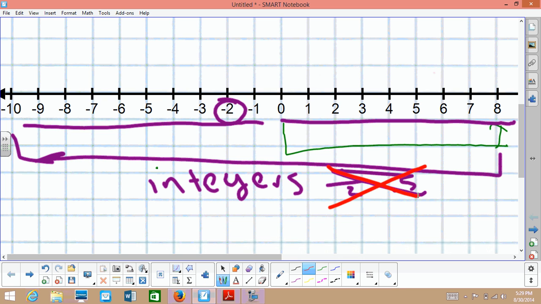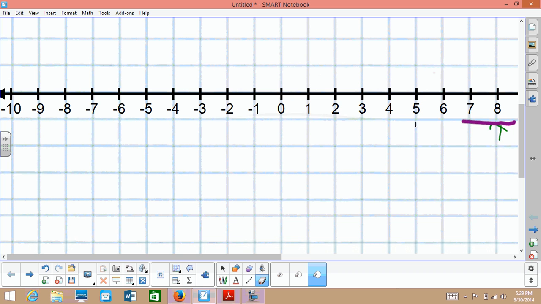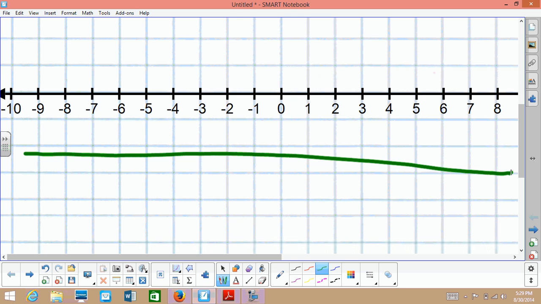Okay, so let me erase this madness again. A set of numbers would be this whole number line. This whole number line is a set of numbers. A subset of numbers is another set that is inside a set. So this is a subset of numbers. The long one is a set of numbers.